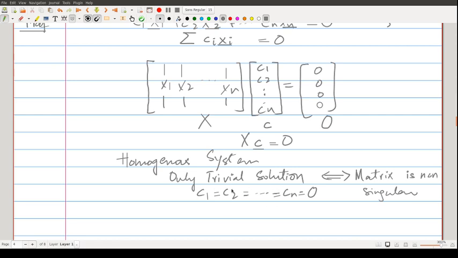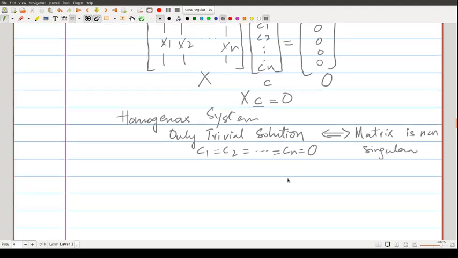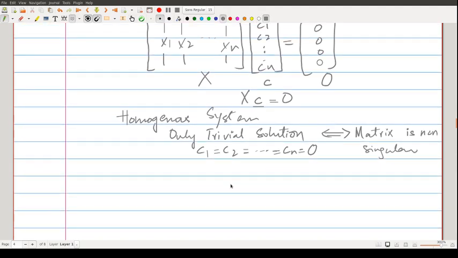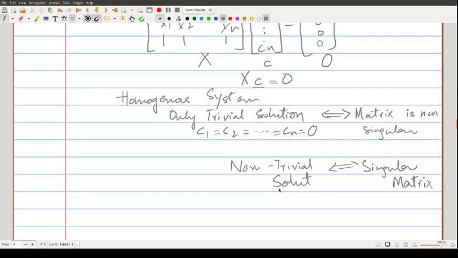So you will get a trivial solution if the matrix is non-singular, and similarly you will get a non-trivial solution for a singular matrix. But of course, if the solution is non-trivial, then c1, c2 are not all 0, and that implies linear dependence.